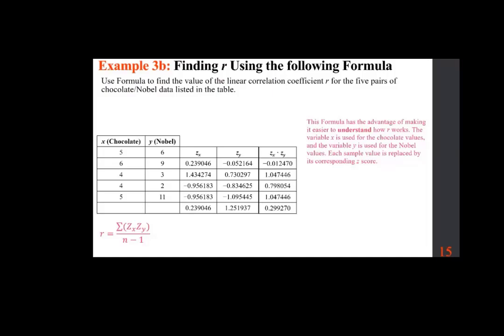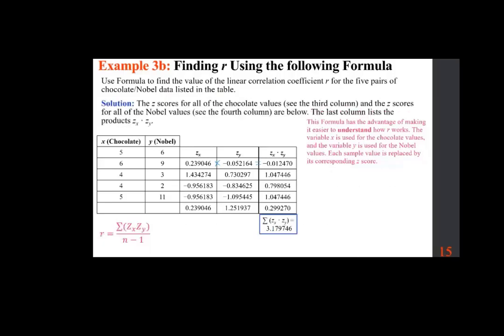The first one would be 0.239046 times negative 0.052164, giving you negative 0.012470 as an example. This times that equals this. And now, this very last column, add them up. That's the summation. That is your numerator.